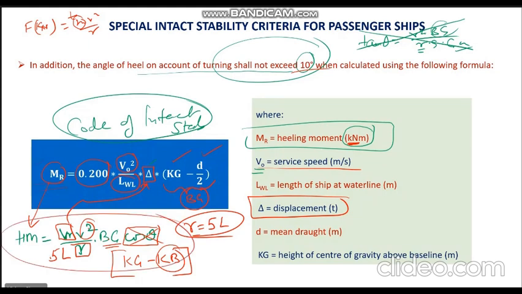Yes, sir. For the passenger ship complying with the stability requirement for heel during turn, when it is a question of compliance, then you will use this formula to get the heeling moment. Is that clear? Yes, sir. Okay. Sir, I have one doubt. Yeah, tell me.